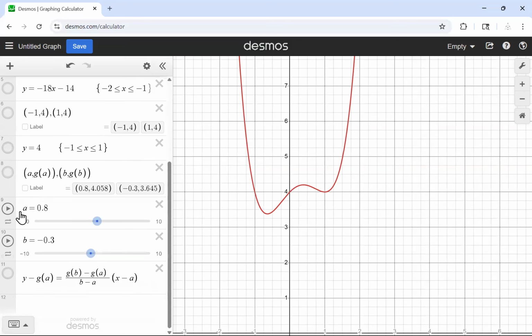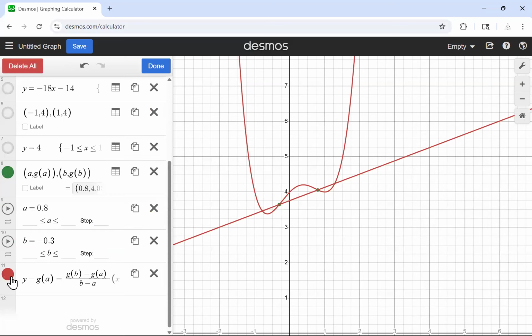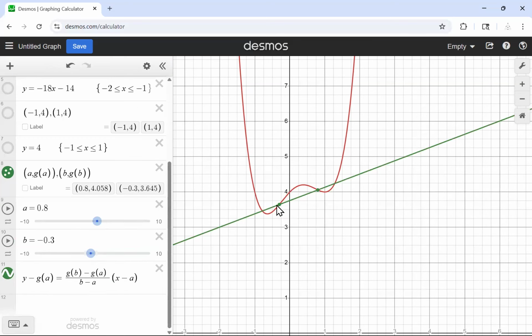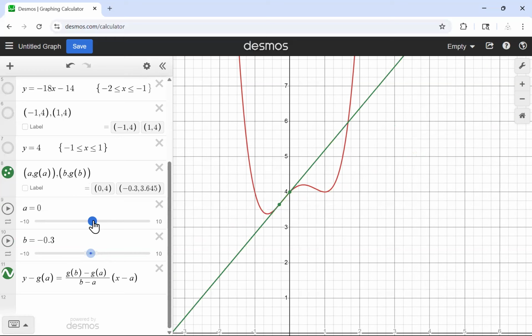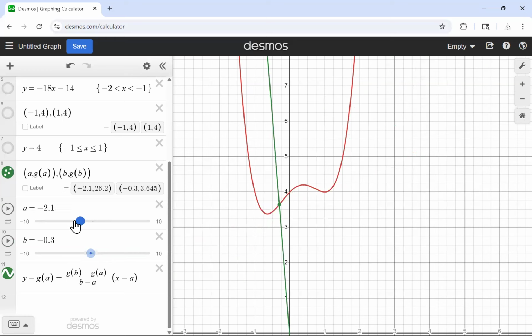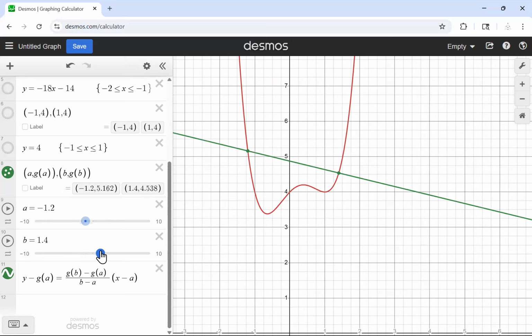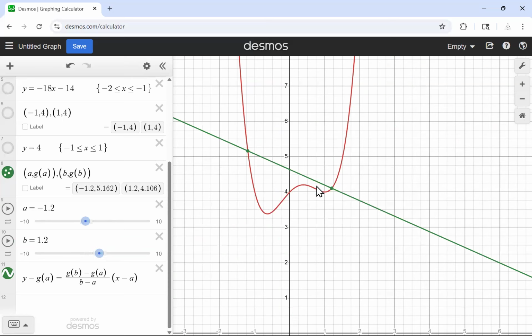Now you can do that with any 2 points. Any 2 points on here, you can find the slope of the line that connects those 2 points. So this one, which has x value of negative 1.2, and this one, which has x value of positive 1.2, connect those, get the slope.